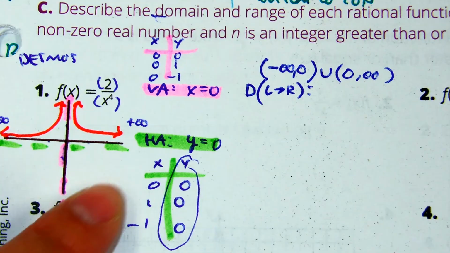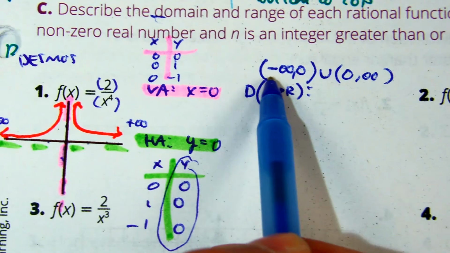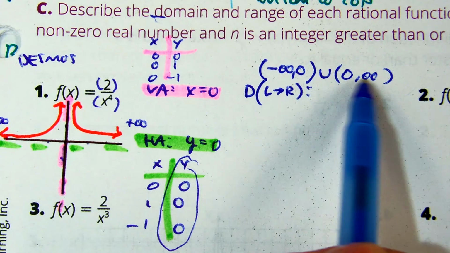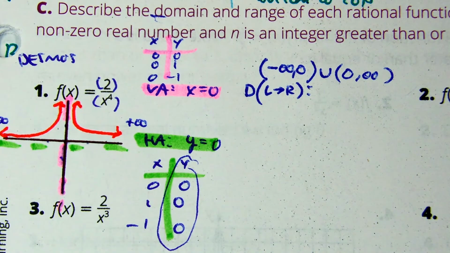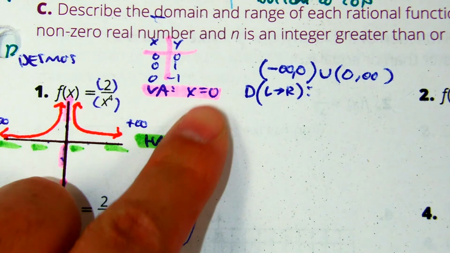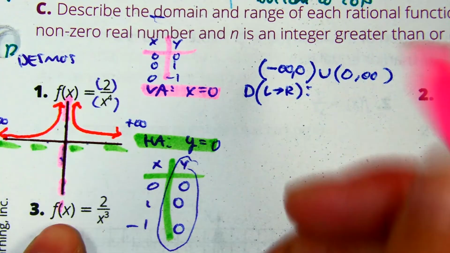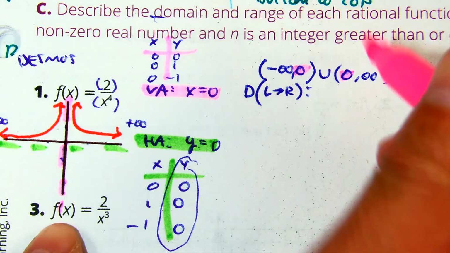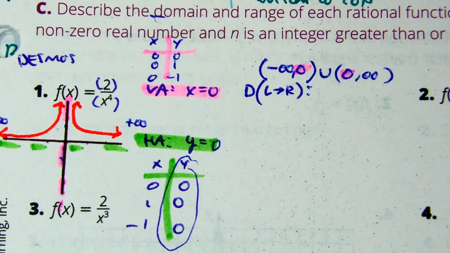My answer is negative infinity, comma 0, union 0, comma infinity. Here is your hint for today's lesson. The vertical asymptote tells you kind of like that number that you might need. Okay, that is the domain.